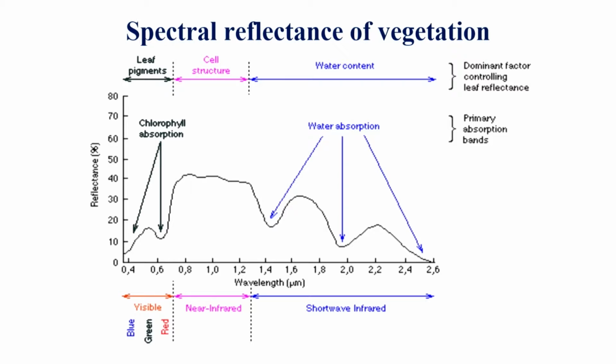Because of that, it reflects very high energy in the infrared, and the other green object will not do so. So in one wavelength they may be the same, but in the other they are different. I am using the other wavelength data to distinguish between two objects that look similar in one band.